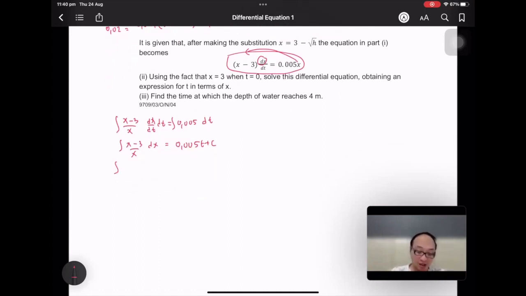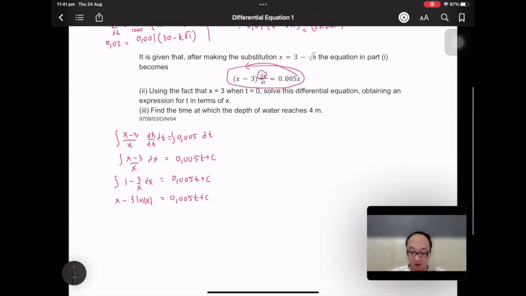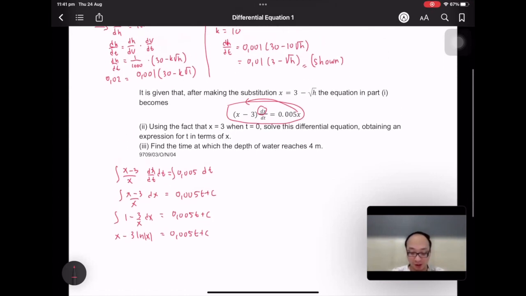I can simplify to the integral of 1 minus 3 over x dx equals 0.005t plus c. So this is x minus 3 ln x equals 0.005t plus c.